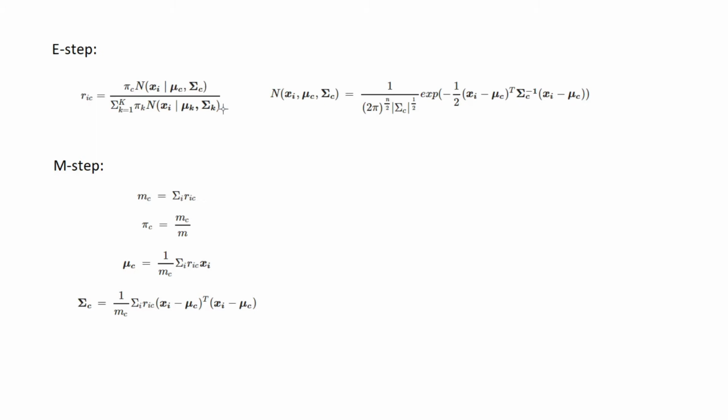And down here we have this sum, which is sort of a normalization factor, because we know that the xi will have to come from some of the clusters, right? It's not unaccounted for. That means that if we sum over xi evaluated for all of the clusters, or the Gaussians, that we have available, then we will have some value here which says the actual probability that xi is coming from this certain cluster.